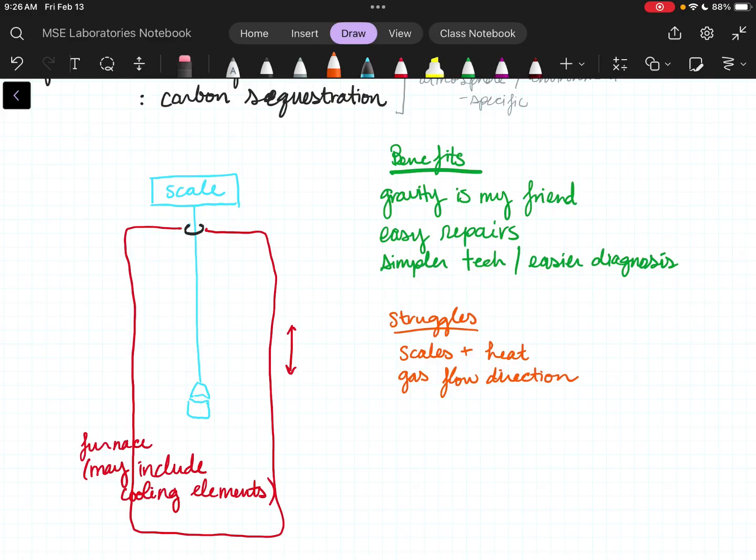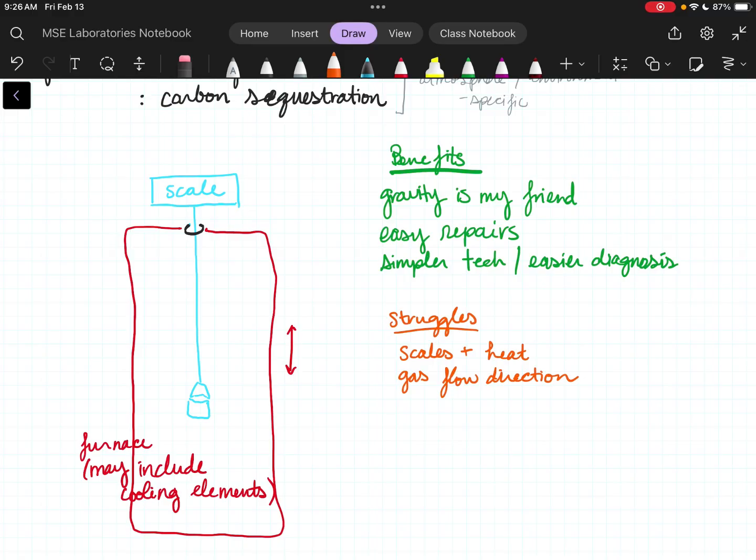There are also airflow considerations that have to be made. If I am flowing the air upward like this, there's a possibility that it'll push up on my scale, on my sample, and change what the mass looks like.